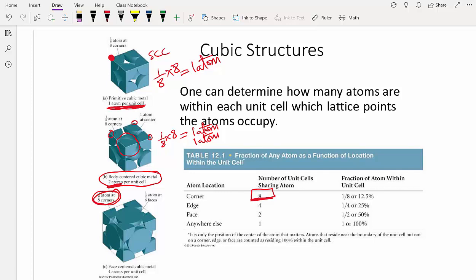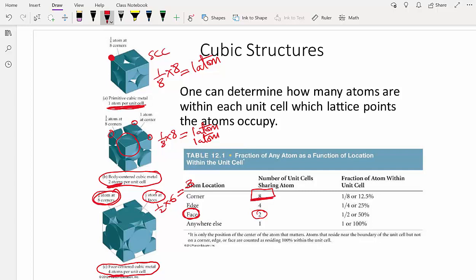And each face of a unit cell is shared by 2 unit cells, which means that the total number of atoms from the faces would be 1 over 2 times 6, which will work out to 3. That means the net atoms per unit cell for FCC will be 4 atoms.